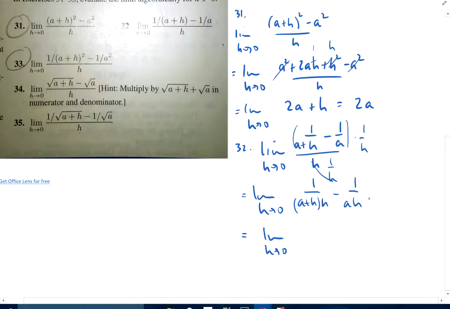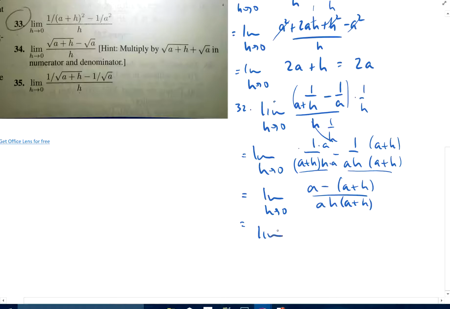So if I multiply this one by a plus h over a plus h, and multiply this one by a over a, then I will get my common denominator, right? a minus a plus h, all over ah times a plus h, which is the limit as h approaches 0. a minus a is 0, and minus h if I distribute, right?